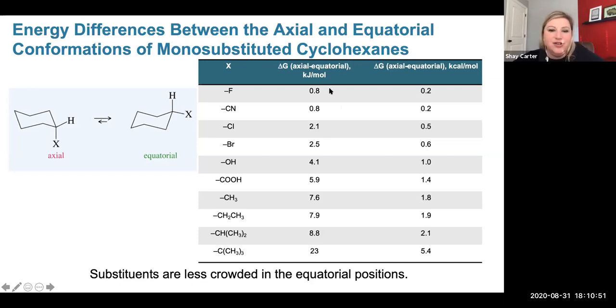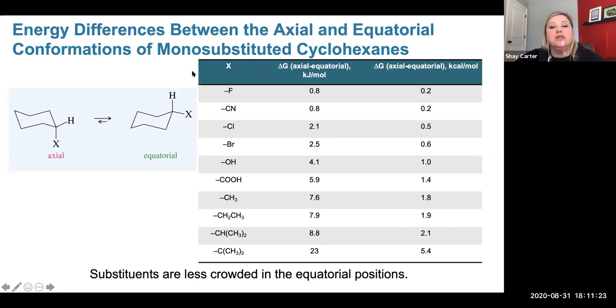Now, this energy difference increases as we get larger, bulkier groups, all the way to this isopropyl group here. This isopropyl group is an 8.8 kilojoules per mole difference, whether it's in the axial versus the equatorial position. And here's a tertiary butyl group, where we have a 23 kilojoules per mole energy difference between axial and equatorial.